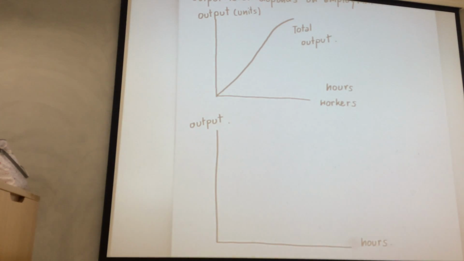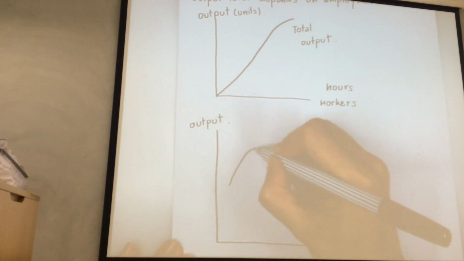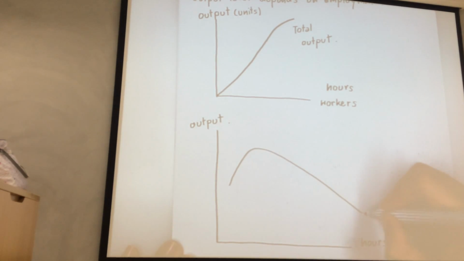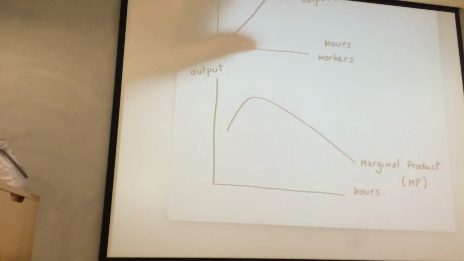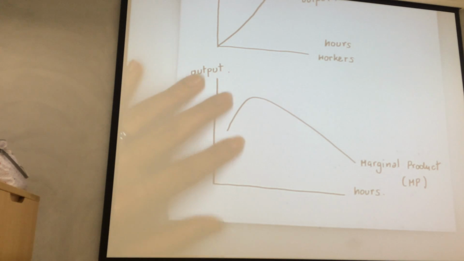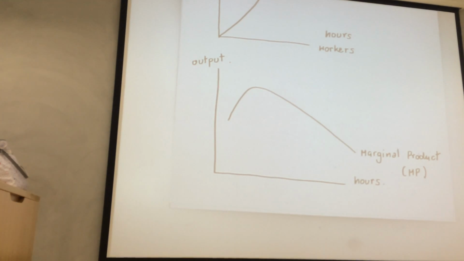So if you do it like this, you have something that looks like the marginal product, and let me call it MP. So you can have something similar to that.